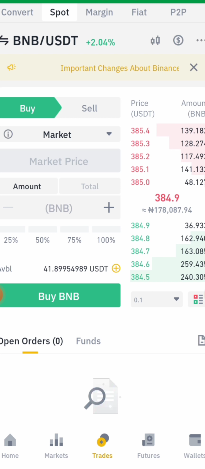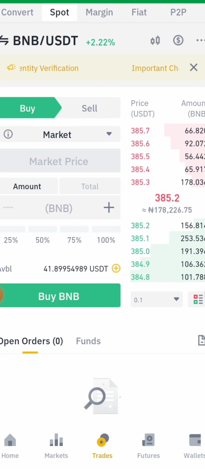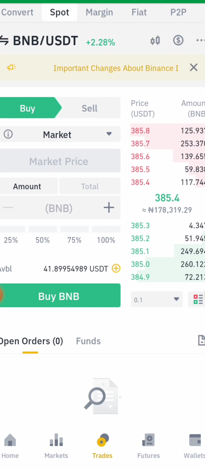If you're selling, it sells, and you have your money in your USDT account. When you buy, they remove the money in USDT and give you the coin you're buying, and if you check your wallet immediately, you see the coin.